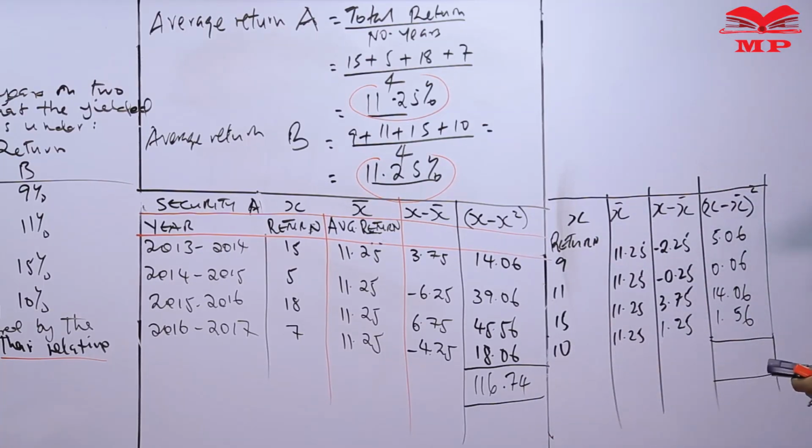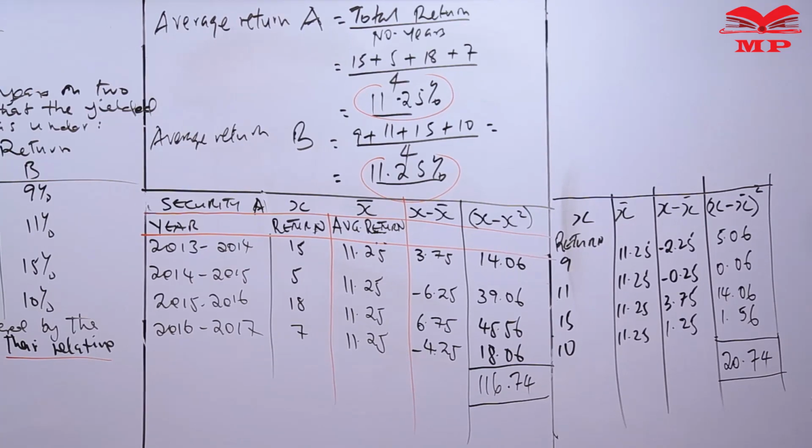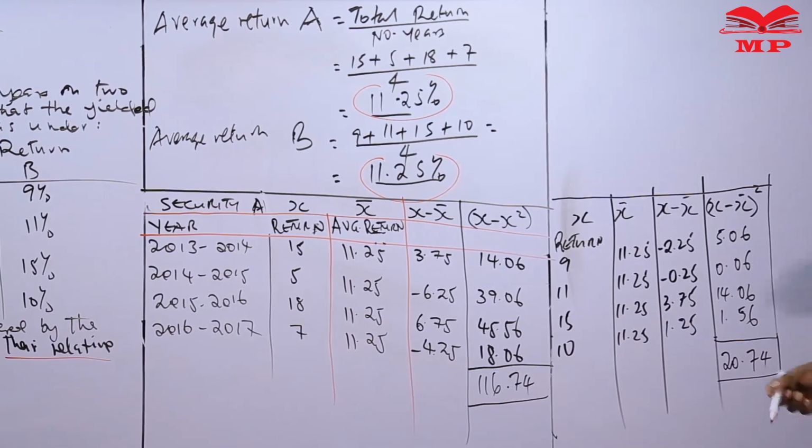Next total here is 5.06 plus 0.06 plus 14.06 plus 1.56. This is equal to 20.74. So these are the totals.